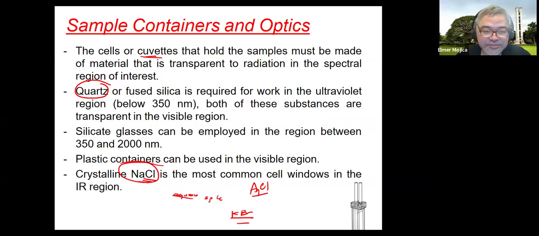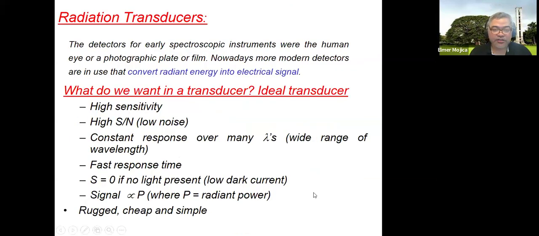So question here, before we go on, what we call a transducer. When we're talking about a transducer, these are what we call the detectors. So we have the light source, we have the monochromator before, and then we have the sample.